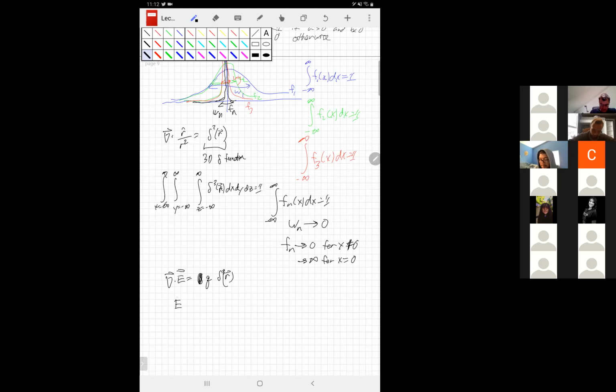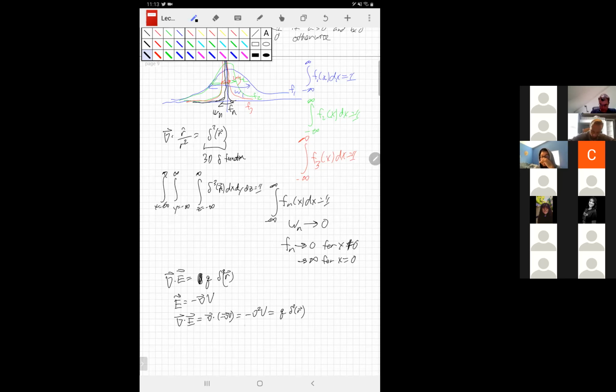Now, E is minus the gradient of V. So del dot E is del dot minus the gradient of V, or minus del squared V, which is Q delta cubed of r.